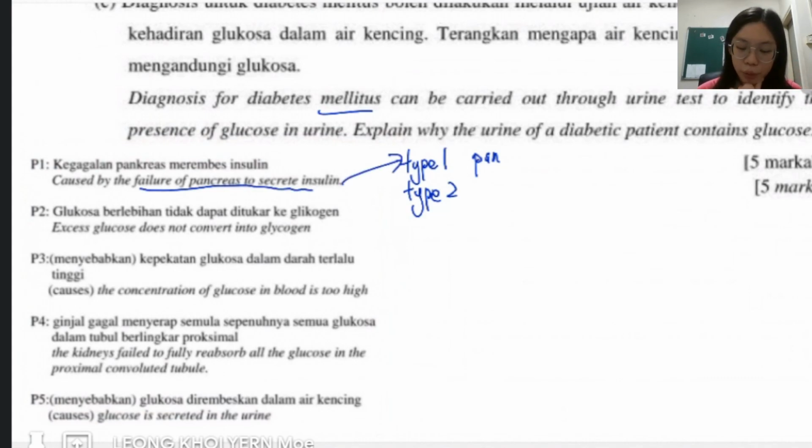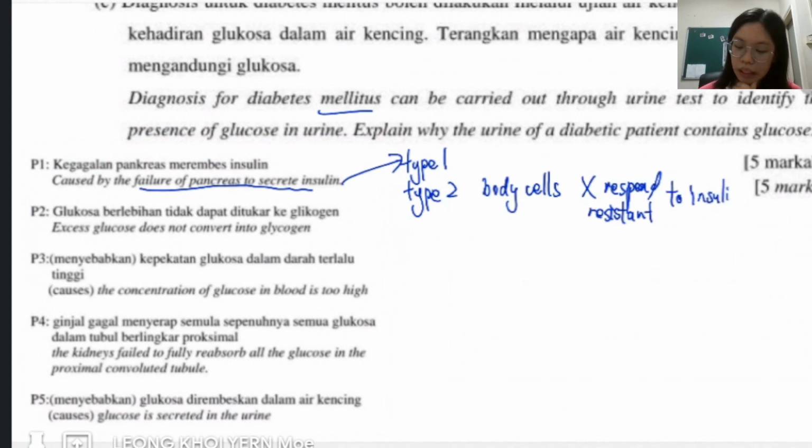Okay, what about type 2? Type 2 is basically the body cells cannot respond, or are resistant to the insulin. So normally, type 1 is due to genetic factors sometimes, or maybe that person was born with this mutation, whereby the pancreas fails to secrete insulin.